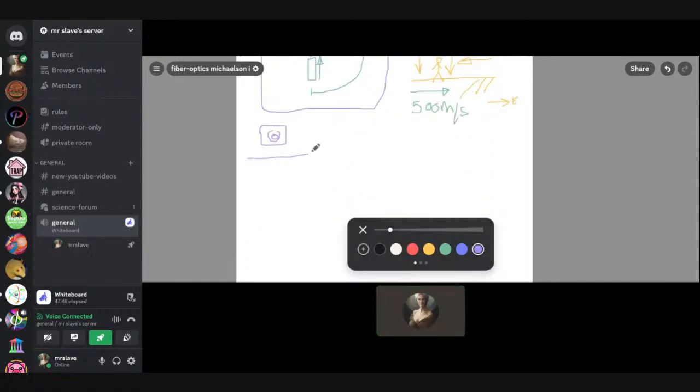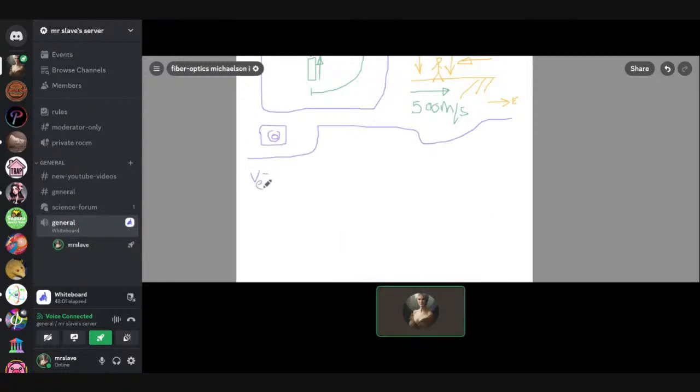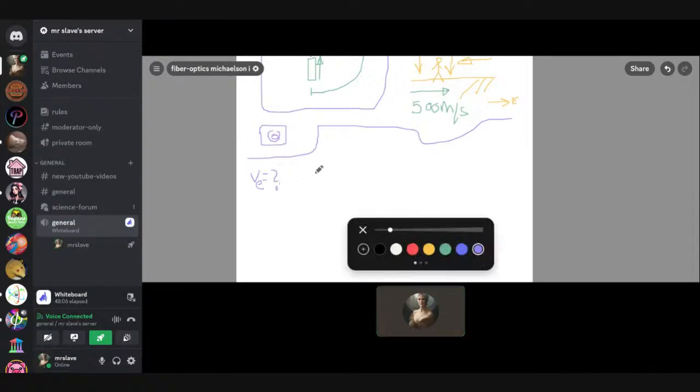So we need, okay, because I don't have an answer how fast the Earth rotates. So the Earth rotation, what is the velocity at the equator? Velocity at the equator is equal to what? So let's do this calculation. How do you do this calculation? So you know that the Earth does a complete circle around itself in 24 hours.